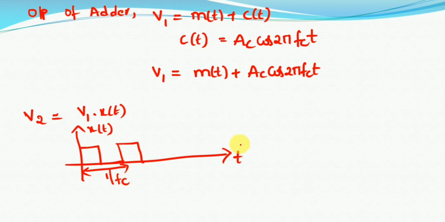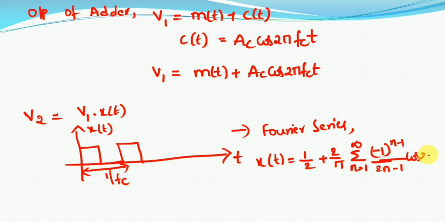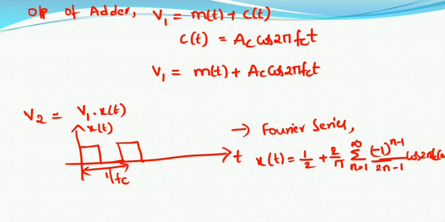Now if you consider the Fourier series of this signal, we can obtain x of t equal to 1 by 2 plus 2 by pi sigma n equal to 1 to infinity, minus 1 whole power n minus 1, by 2n minus 1, into cos 2 pi fc into 2n minus 1 into t.